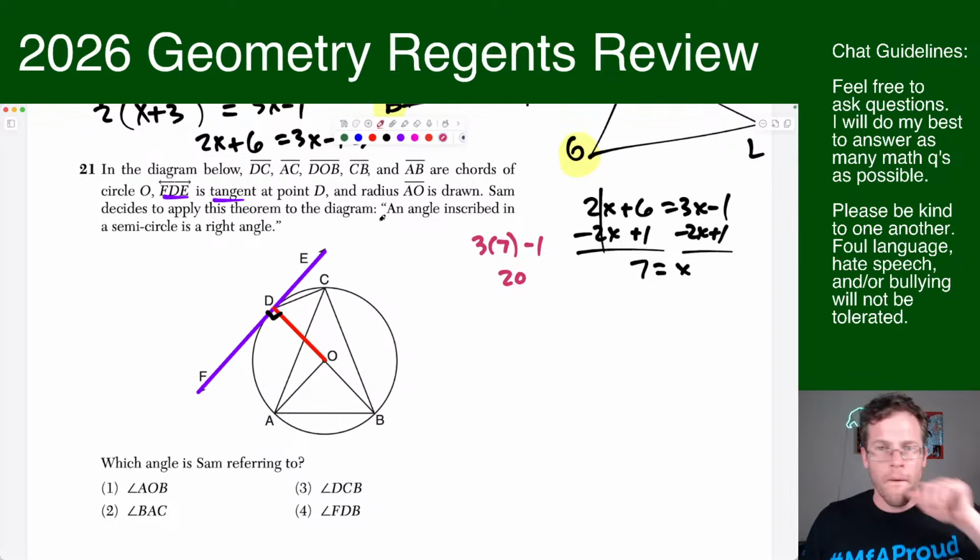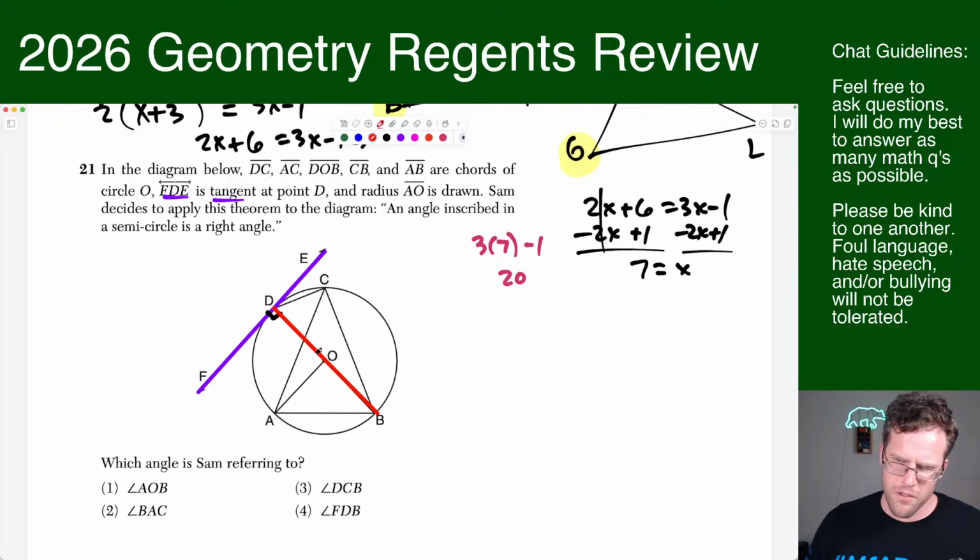This theorem: an angle inscribed in a semicircle is a right angle. So that would apply to, let's see, an angle inscribed in a semicircle. We have this radius over here, which makes this really our only diameter.